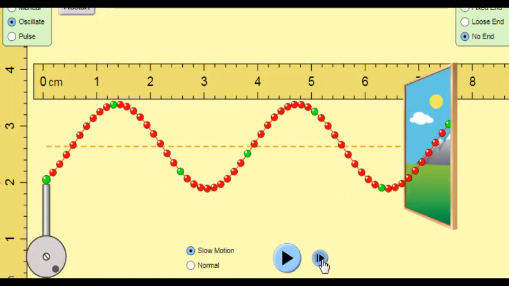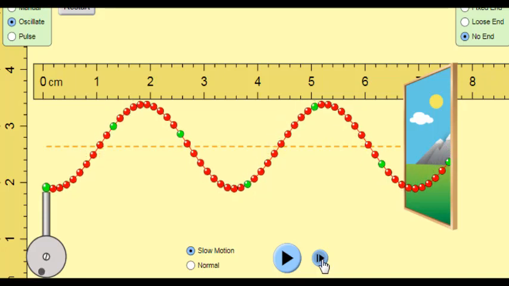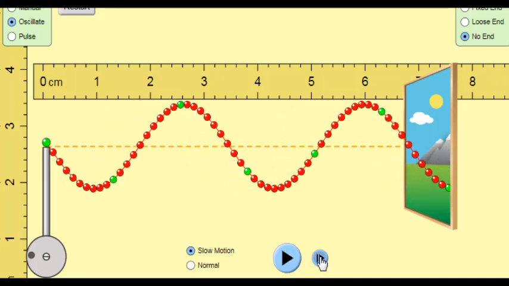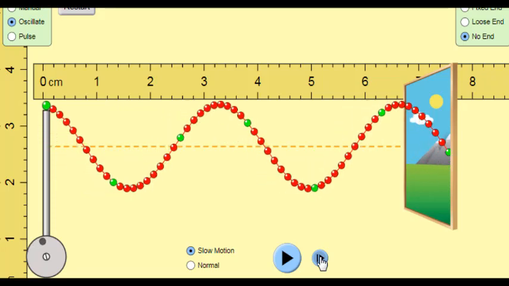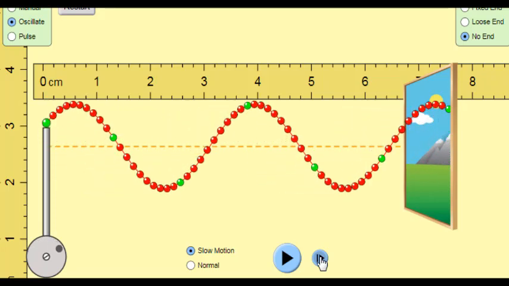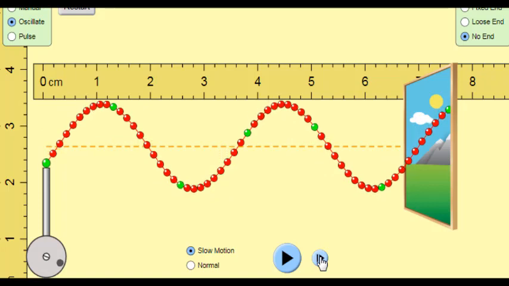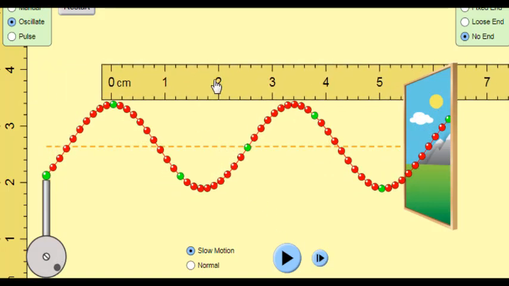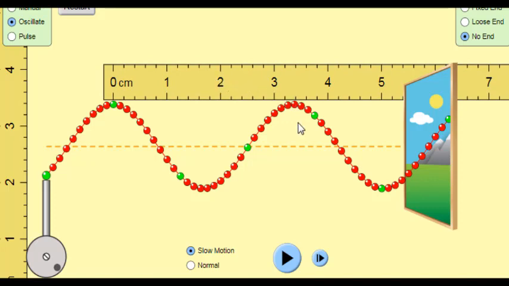Okay, again, step by step. This one is accomplished. So the distance from this crest to that one is called the wavelength.